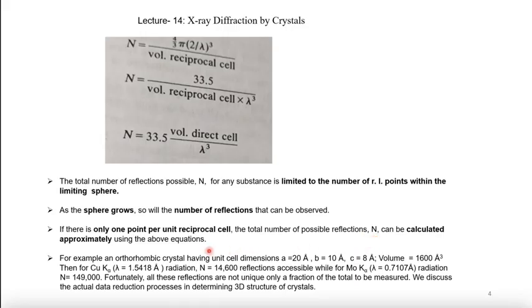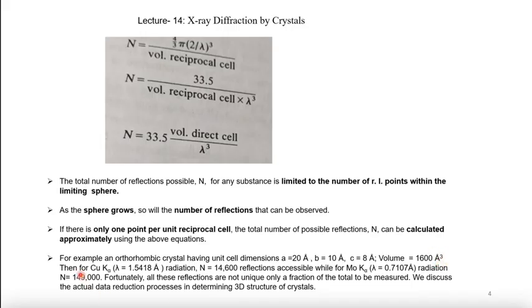For example, let's take a crystal with a unit cell where A is equal to 20 angstrom, B is equal to 10 angstrom, and C is equal to 8 angstrom. If it is rectangular, orthorhombic, then the volume is 1600 angstrom cubed.